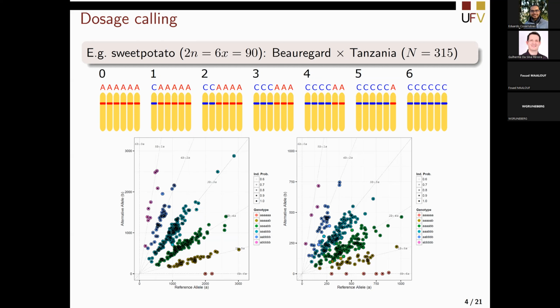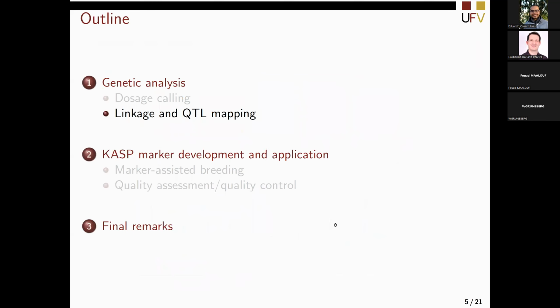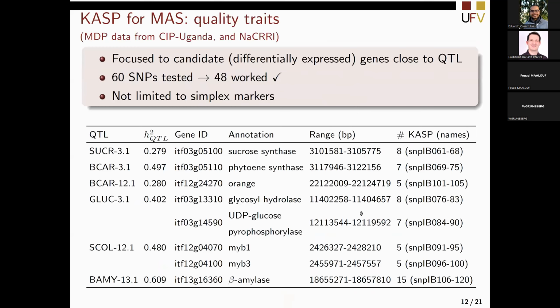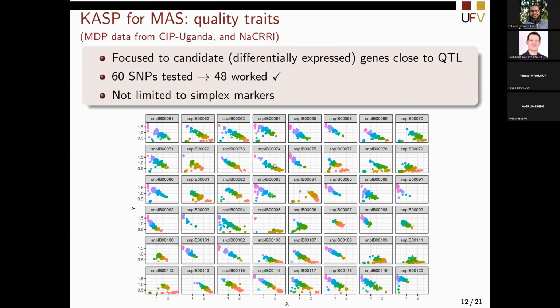We filter it out, and then we perform the analysis. Having them at the same level of depth would be ideal, but it's very, very hard to get. It seems that's something we can get from CAS markers. At least for most of them, we can have them at the same level and call the dosages well. But for genotyping by sequencing data, it's hard, it's tricky.